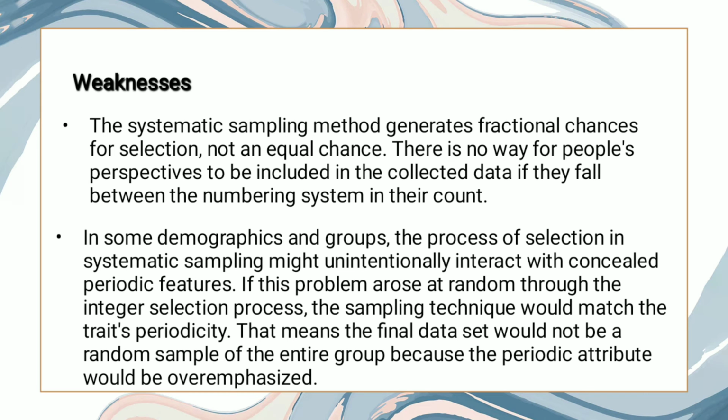In some demographics and groups, the process of selection in systematic sampling might unintentionally interact with concealed periodic features. If this problem arose at random through the integer selection process, the sampling technique would match the trait's periodicity. That means the final dataset would not be a random sample of the entire group because the periodic attribute would be overemphasized.